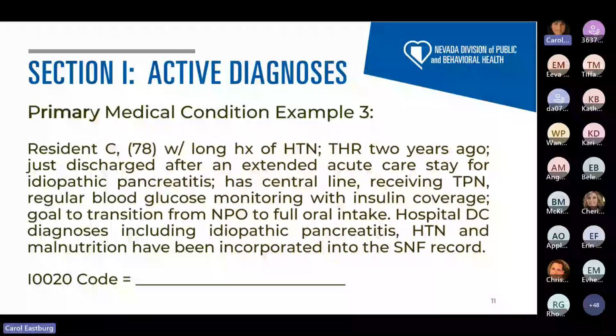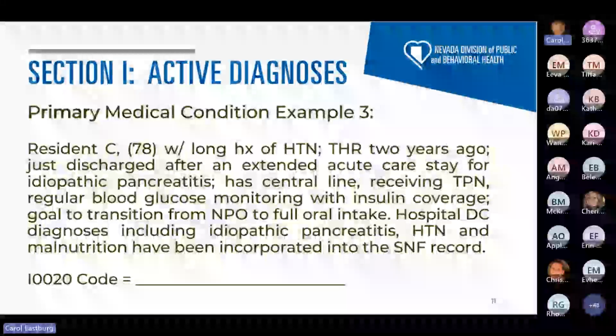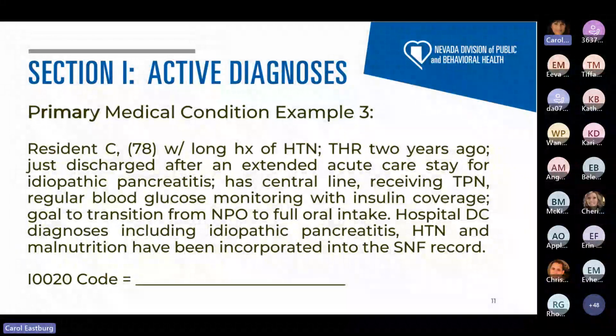While there, a central line was placed for the administration of TPN, or total parenteral nutrition. They also received regular glucose monitoring with sliding scale insulin coverage for hyperglycemia. This would be coded a 13, medically complex conditions, because the principal diagnosis of pancreatitis was included in the hospital's DC summary.